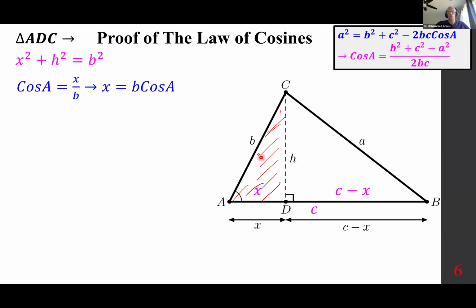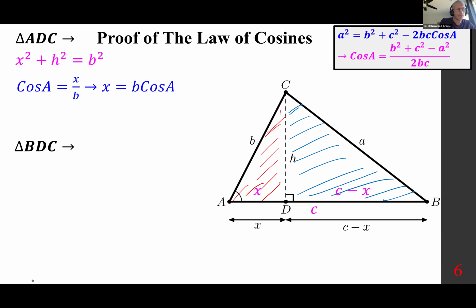Now we want to go to the other side, this one, BDC. And we're going to write the same thing, Pythagorean theorem. This side squared plus this side squared is equal to hypotenuse squared.